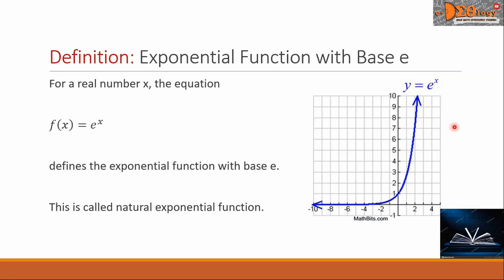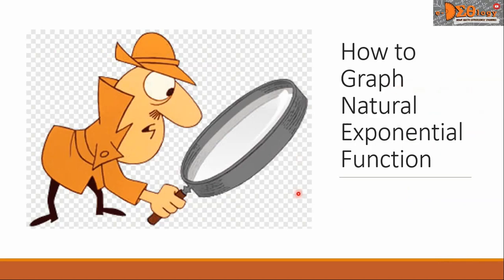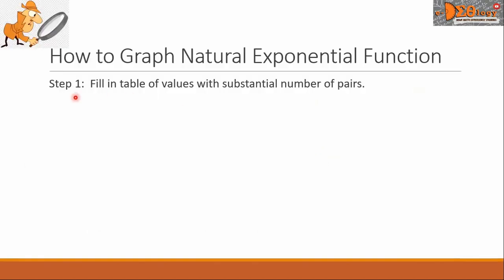Let us take a quick look at the graph of f of x equals e raised to x, but here it is written y equals e raised to x, and they have the same meaning. Now let us learn how to graph the natural exponential function. Step 1.